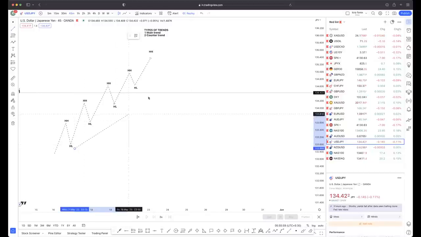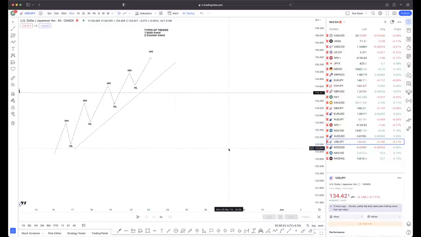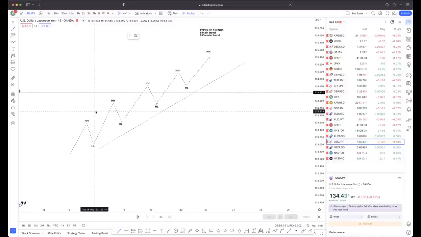Now let's look at the difference between a main trend and a counter trend. So let me put my trend line here. So this is the main trend. The main trend is an uptrend. Now let's look at what the counter trend is. The counter trend is the trend, like I said, opposite the main trend. So this is our counter trend, where I am indicating the arrows.